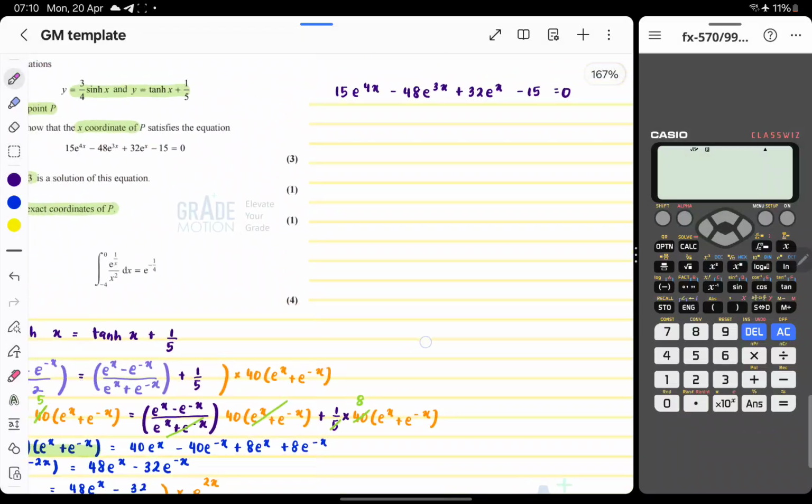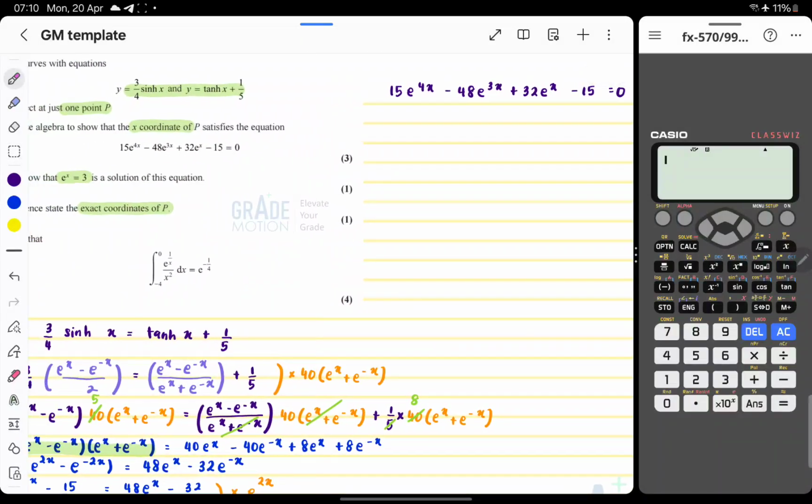In part B, they want us to prove that e^x equals 3 is a solution to this equation. So we'll start from the left hand side and we'll substitute this value. So 15 times 3 to the power of 4 minus 48 times 3 cubed, plus 32 multiplied by 3 minus 15.